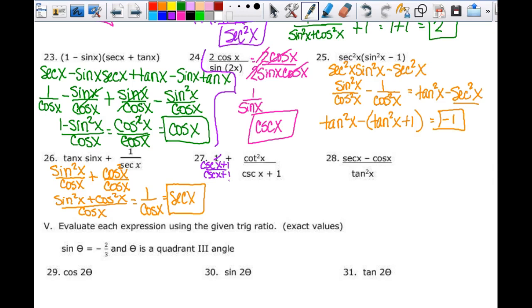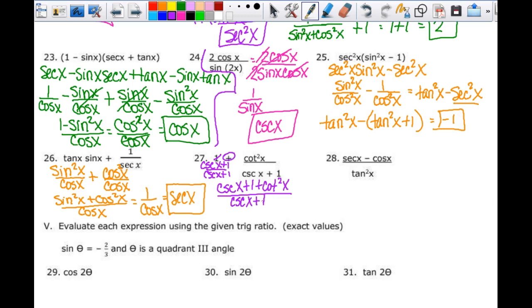That way I can get a common denominator, and then I'm going to add it to all of this here. So this gives me cosecant x plus 1 plus cotangent squared x all over cosecant x plus 1.